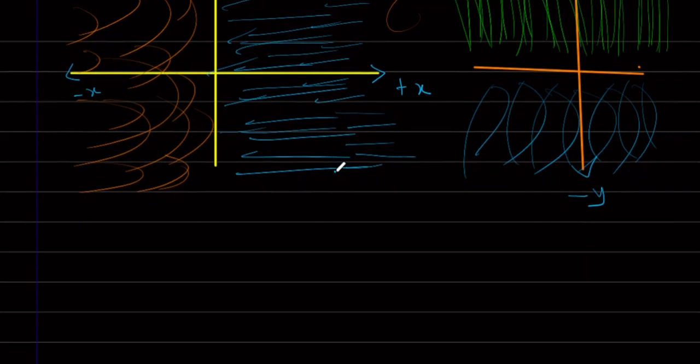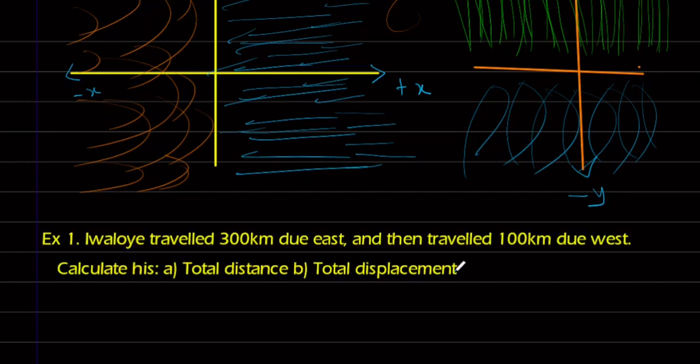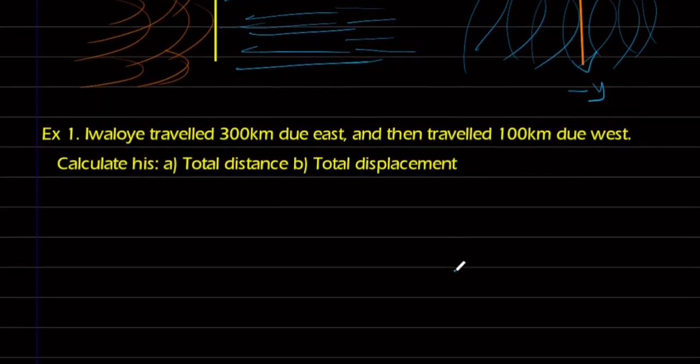Now let's take a look at a basic example to help us buttress what we have said. You can see on the screen, you are going to travel 300 km due east and then travel 100 km due west. Calculate its total distance and total displacement. So in order to solve this, the knowledge of scalar and vector quantity is important.